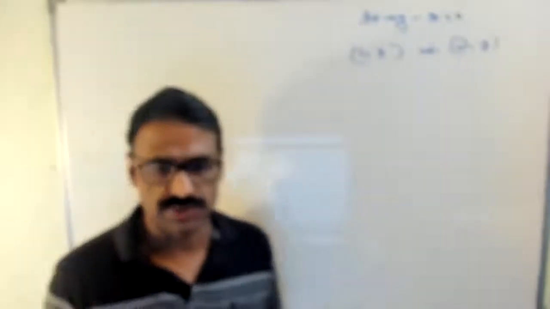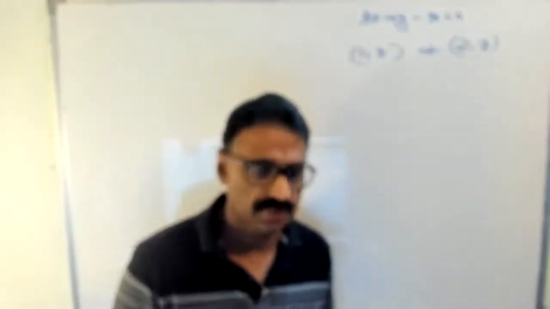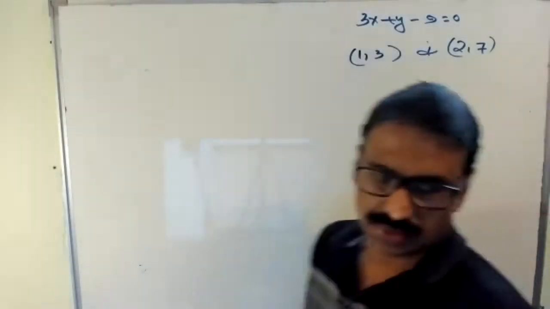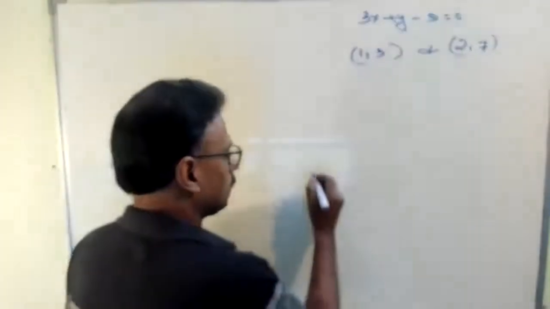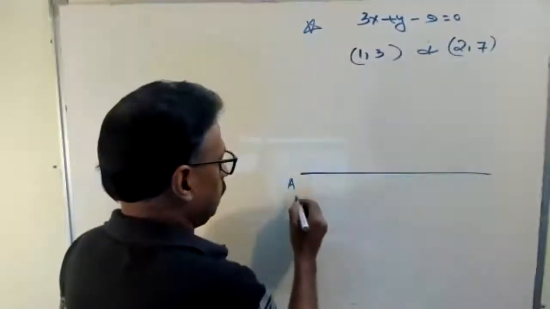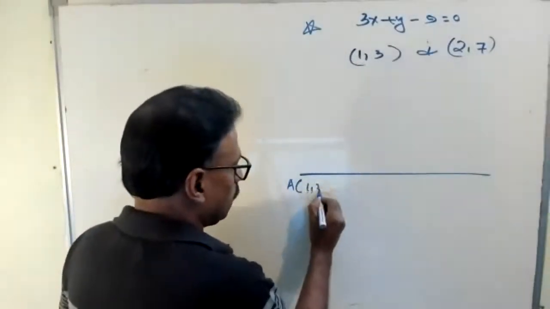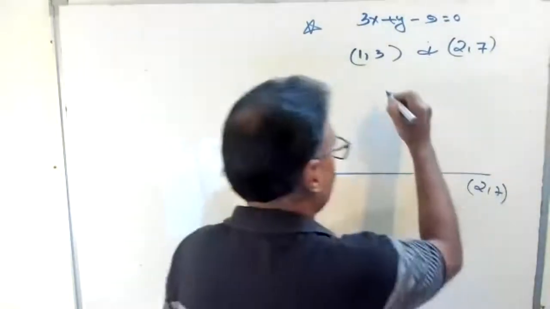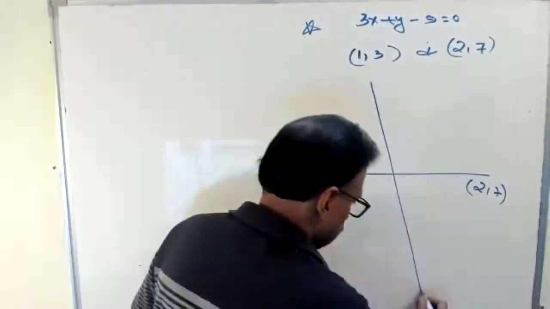So look here. This is the question. A is (1, 3), B is (2, 7). One line is passing like this.